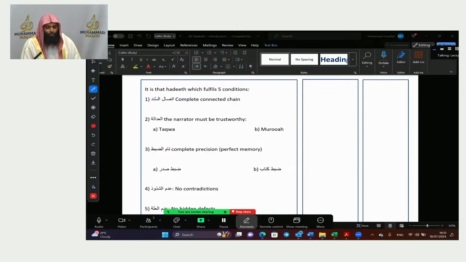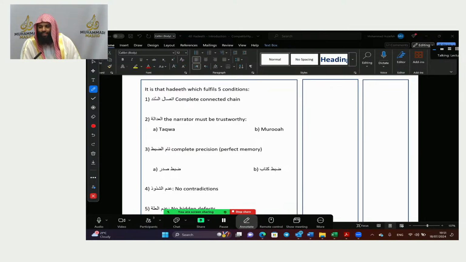If a person has only narrated 10 hadith and he makes 5 mistakes, is that a lot of mistakes? That's a lot of mistakes. If a narrator has narrated 1,000 hadith and he makes 5, it's okay. If he's narrated 5,000 hadith and he makes 5 mistakes, that's rare. So there's no number on it.